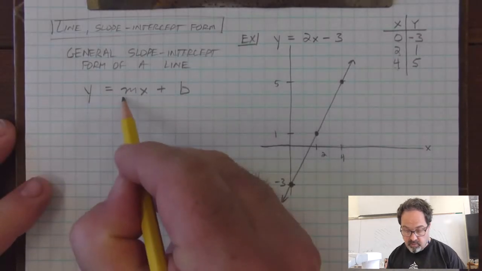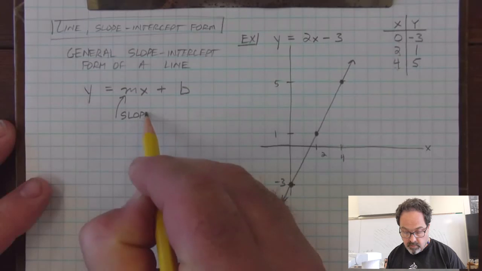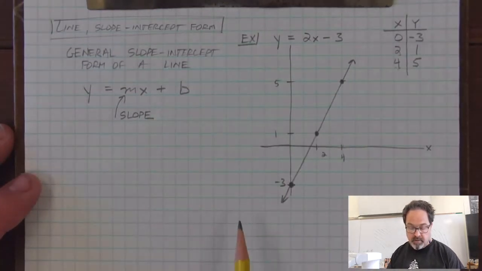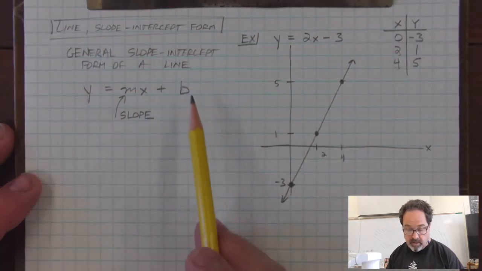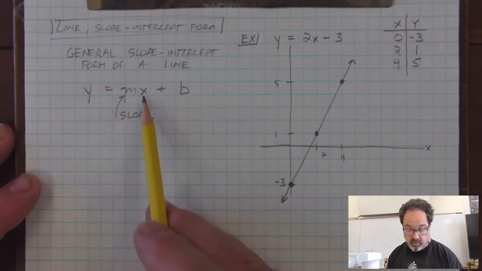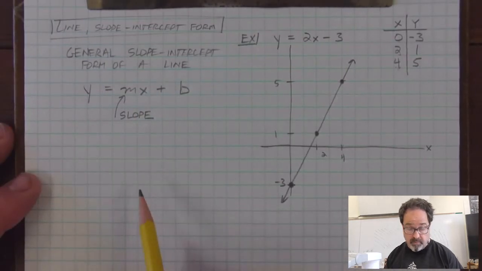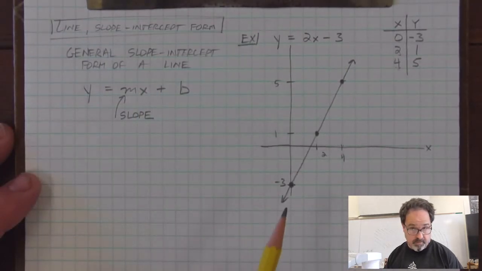And m is being used to represent the slope of the line. If we were to graph a line that had this form, then the number that multiplied x, the x variable in the equation, would also be the slope of that line, the measure of the line's incline.